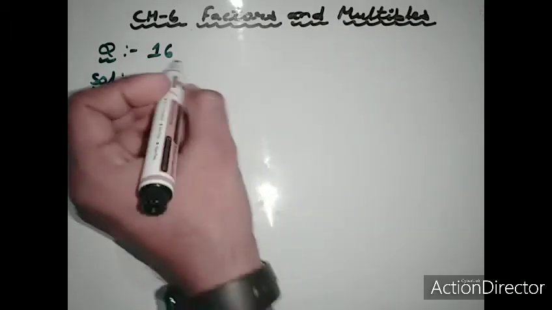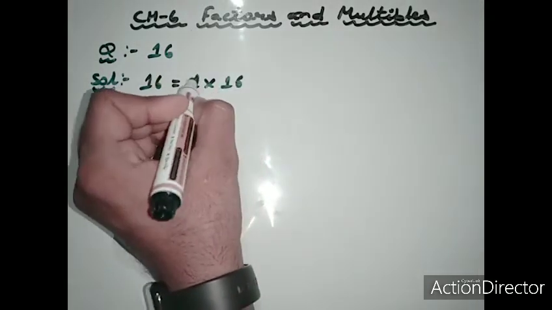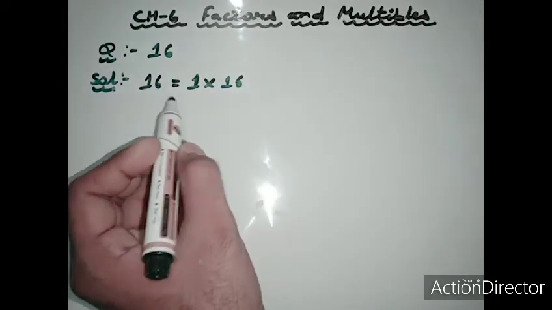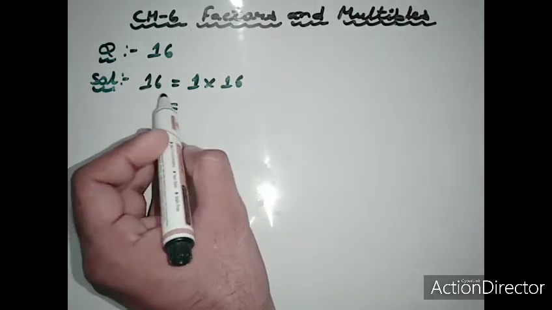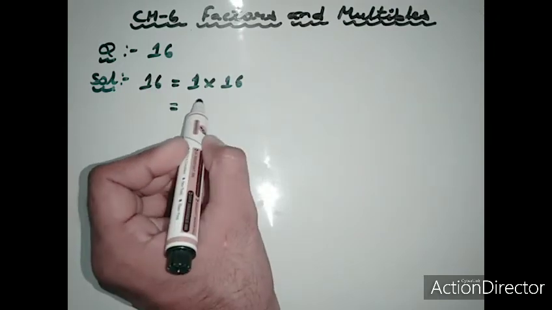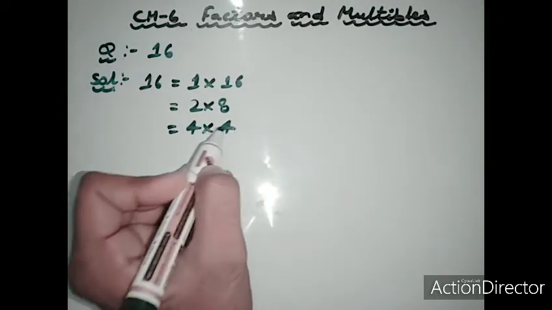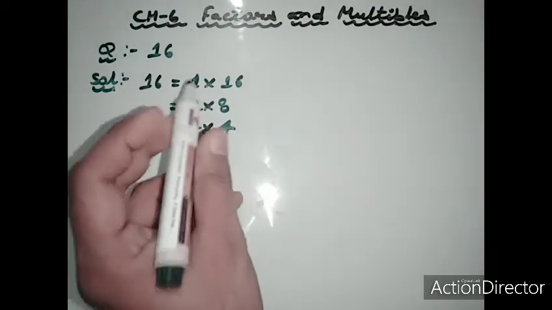So here we check and start with 1, right? 1 multiplied by 16, we get 16, and now we take another pair of numbers which we multiply with each other and we get product 16. Now 2 eights are 16 and 4 fours are 16. So we say that these all are the factors of 16.